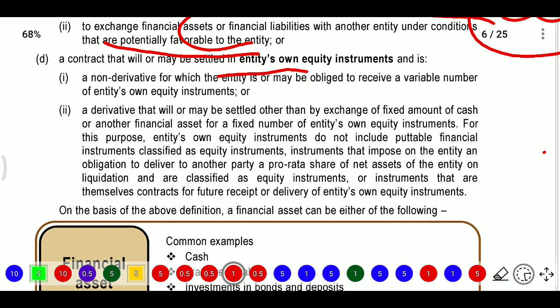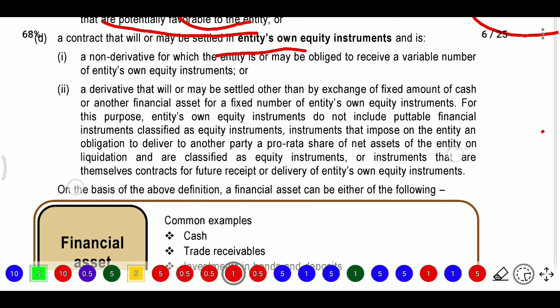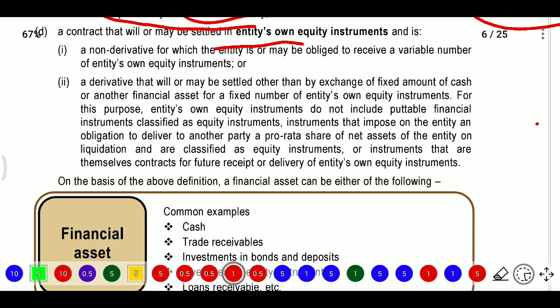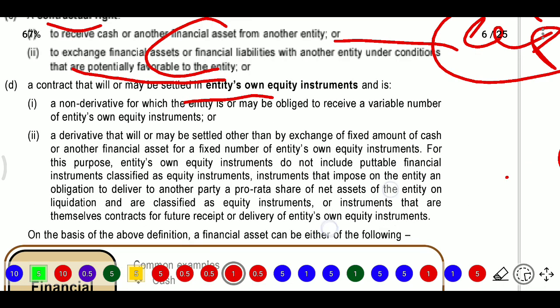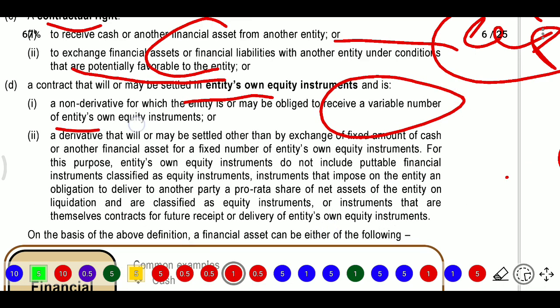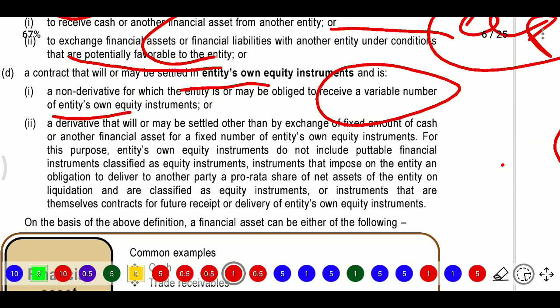The entity's own equity instruments may be non-derivative, where the entity may be obliged to receive a variable number of its own equity instruments. We must know this variable number of the entity's own equity instruments, which is non-derivative. Derivative means it will be settled other than by a fixed amount of cash or other financial assets for a fixed number of own equity instruments.